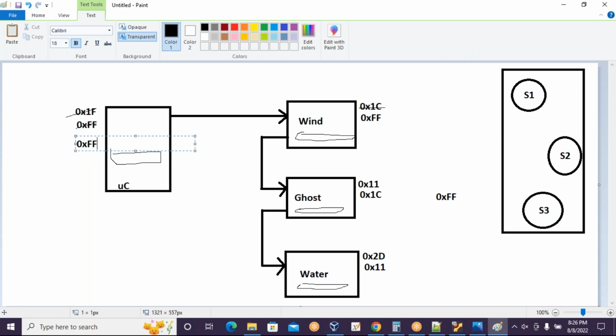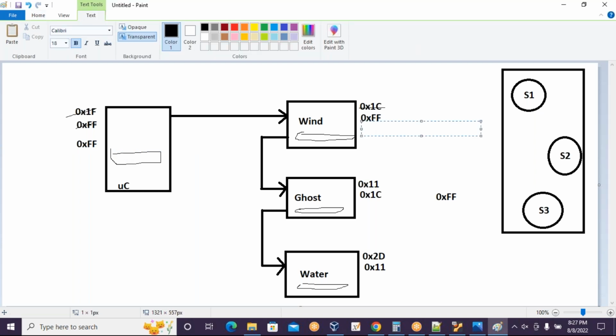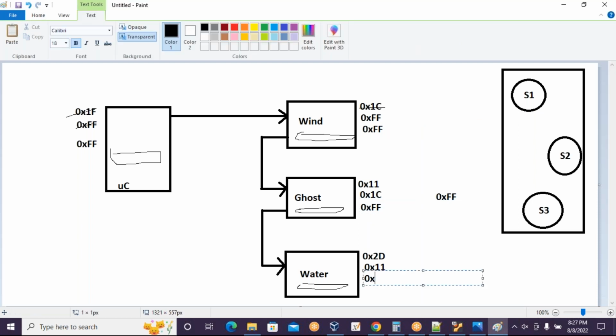So I write 0xFF here. Now data will come to the shift register here. So 0xFF gets shifted here. It comes here, 0xFF. Then whatever 0xFF was in the wind shift register comes here, which is 0xFF. Again, whatever was here comes here, which is 0x1c.